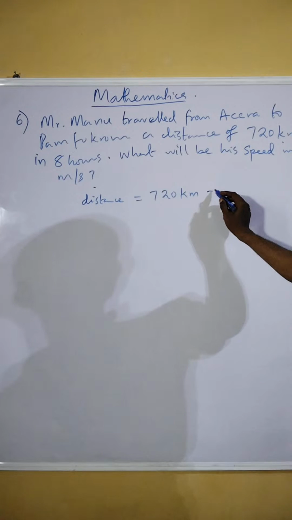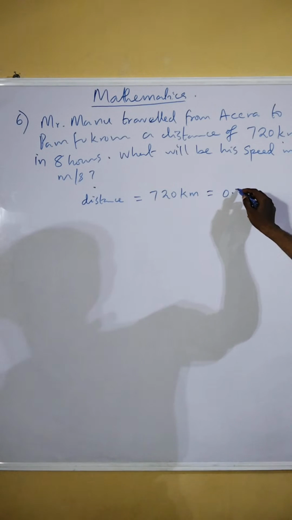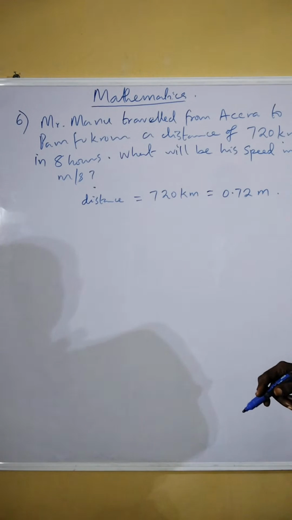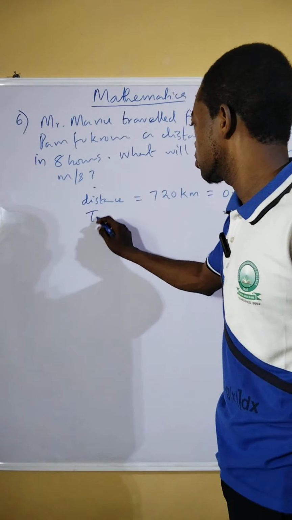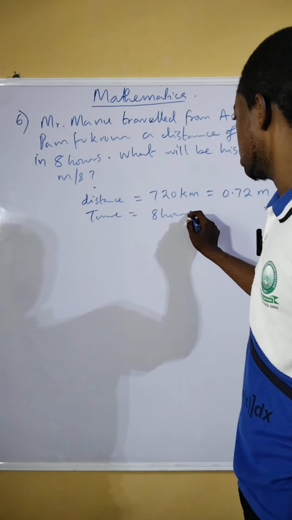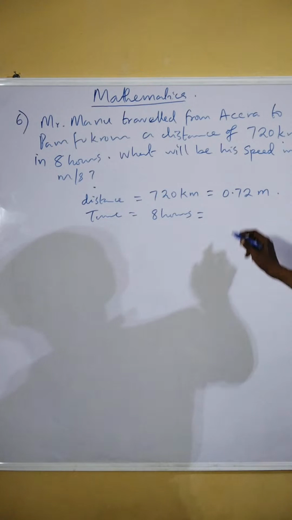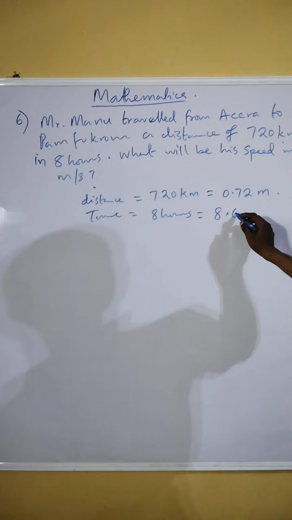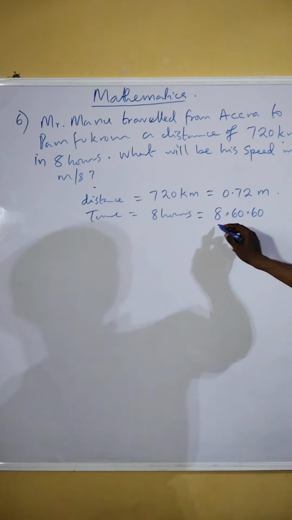And 720 kilometers in meters, that will be 0.72 meters. Okay, and also the time given is 8 hours, and in seconds, 8 hours will be 8 times 60 times 60.